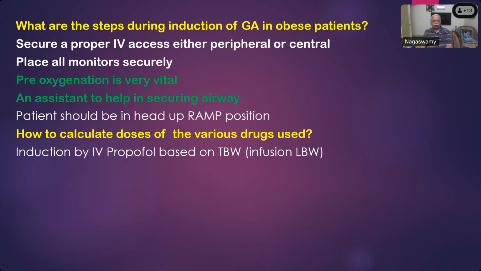On the contrary, for intraoperative use, if you are going to use an infusion instead of a volatile anesthetic agent, some anesthetists in bariatric surgery use propofol infusion throughout the procedure to maintain the unconscious state. Then you can calculate the dosage on a lean body weight basis.